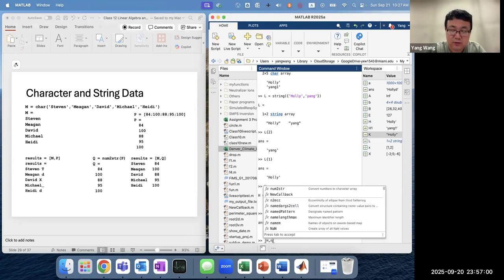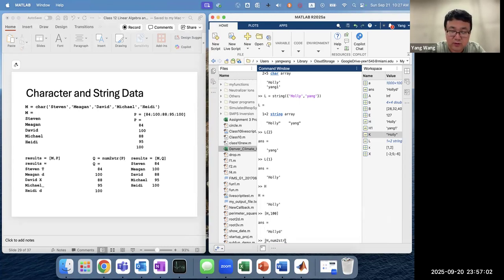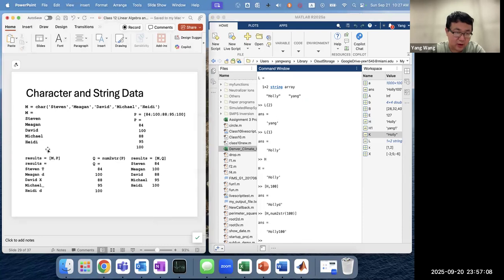Then you are going to use number to string of 100, and it's going to be in this way. So that's what I'm talking about here. If you directly combine the number with the character array, you're going to get a conversion of the numbers into characters. So if you want to combine them as real numbers, you will need to convert them into strings first and then merge them together.